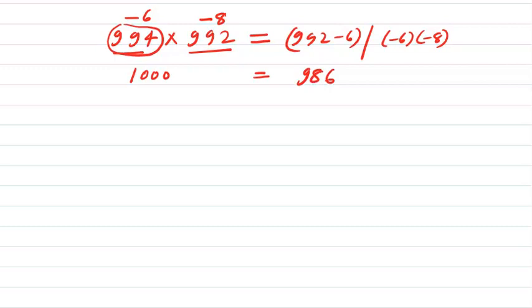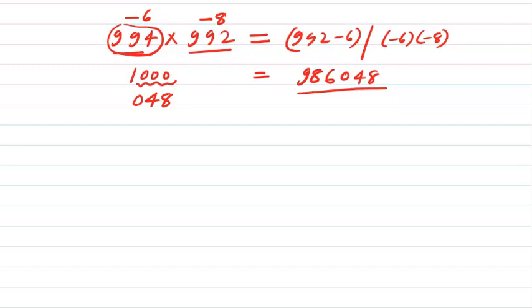But if I multiply these two numbers, I will get 48, right? But how many digits does 48 have? It has only 2 digits. But the number of zeros here is 3. So I will write 0 here. So the answer will be 048. So the correct answer is 986,048. I hope it is making sense to you.